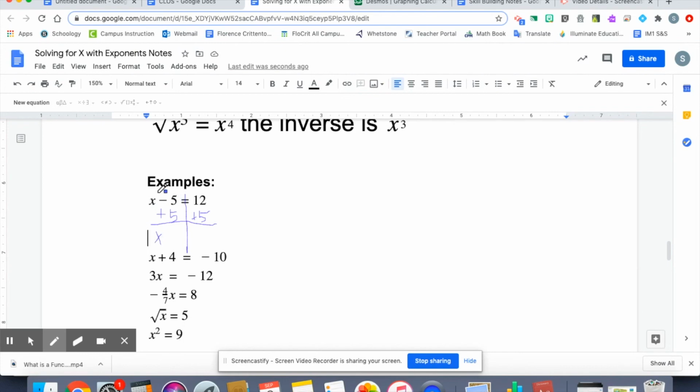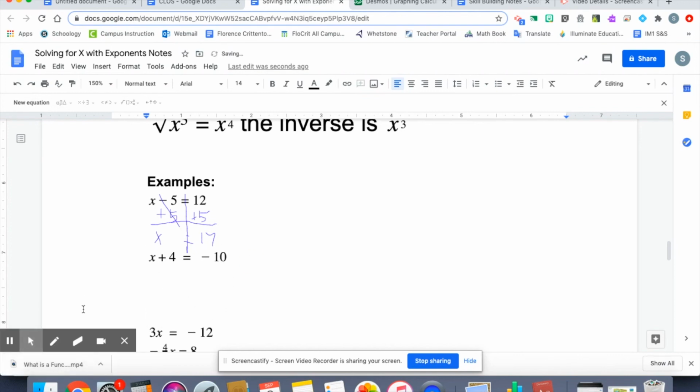Minus 5 plus 5, they were inverses, so they eliminate, they cancel. And there's 0, but I don't ever have to write plus 0. There's no point of writing that. It's just nothing. So then the equal sign's still here, and then 12 plus 5 is 17. So the answer for this one is x is 17.